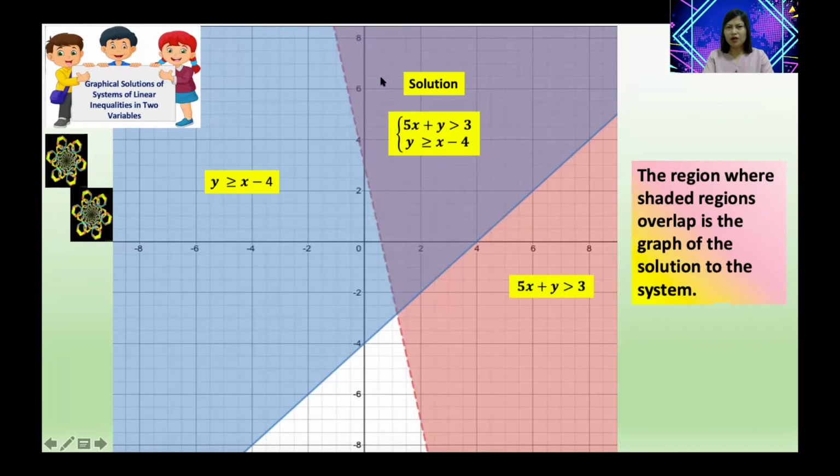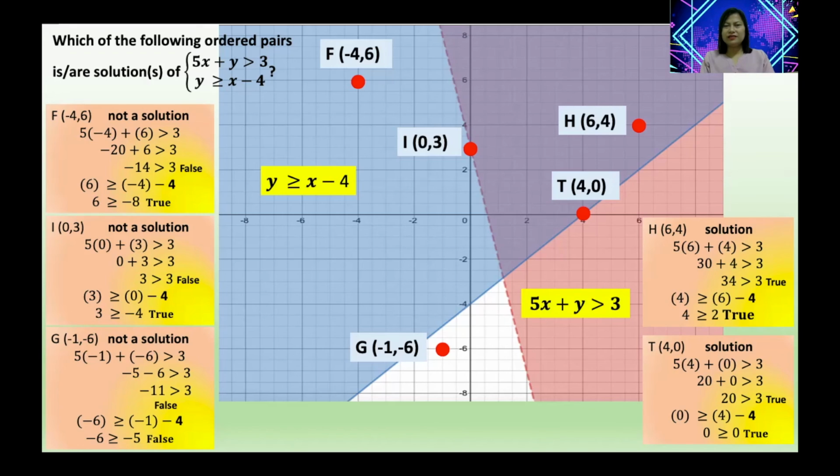Take note that all of the points here on the double shaded region are solutions of the given system. Let's have this slide. Among these 5 points, only point H and point T are solutions.